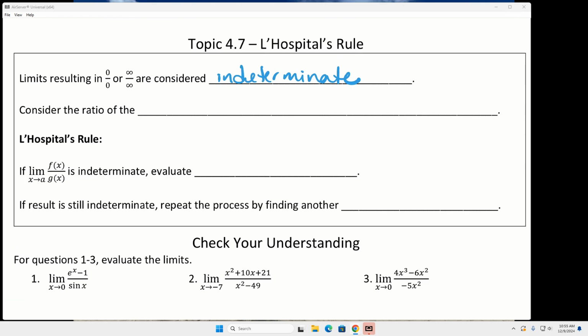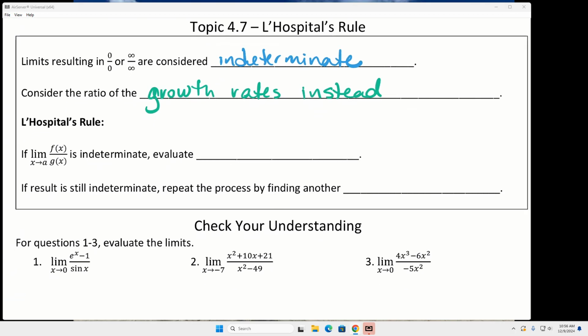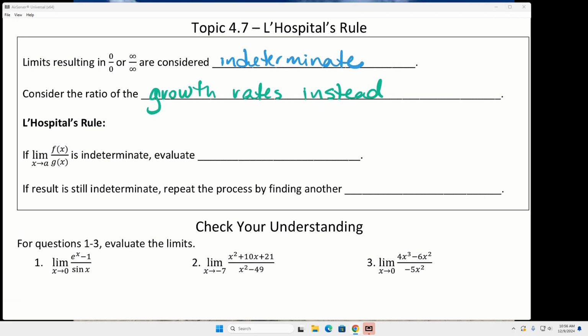All right, when that happens, we can consider the ratio of the growth rates instead, or the derivatives. So when the limit as x approaches a of f of x over g of x is indeterminate, you're going to evaluate the limit as x approaches a of f prime of x over g prime of x.